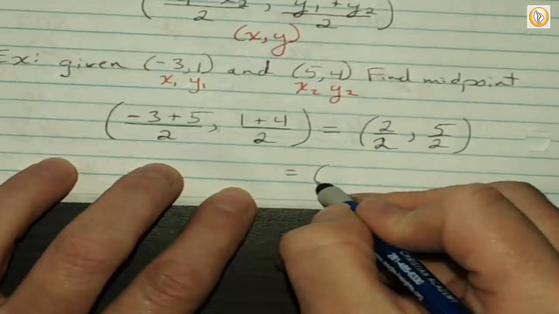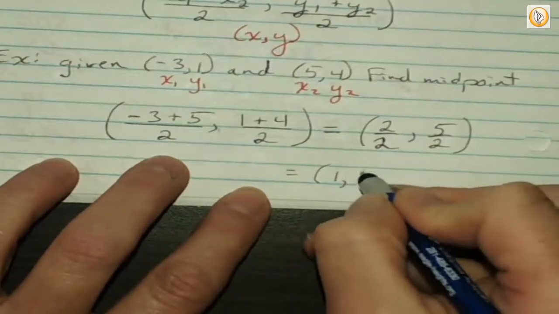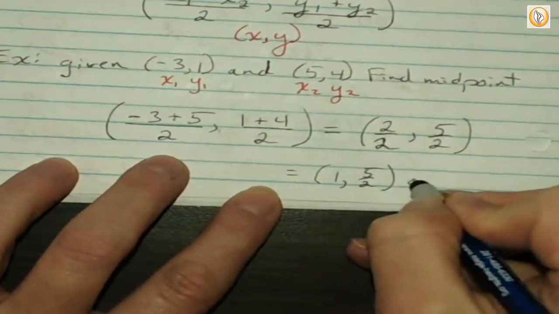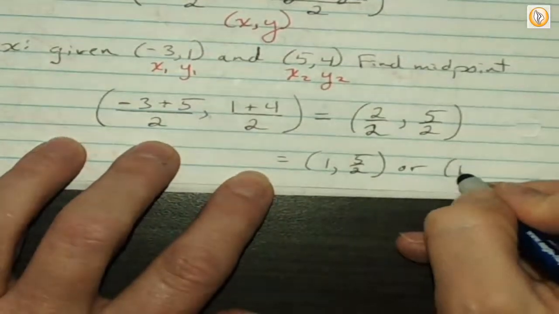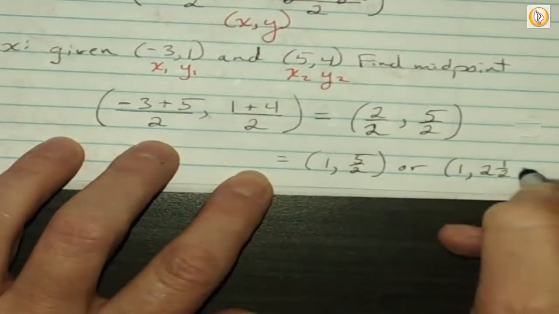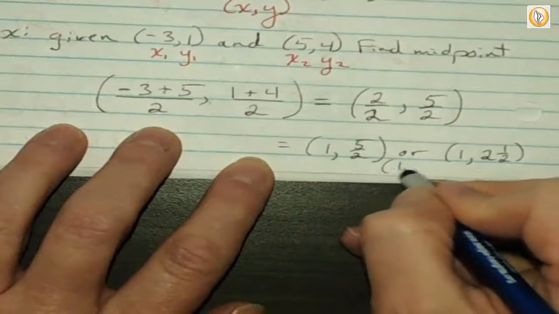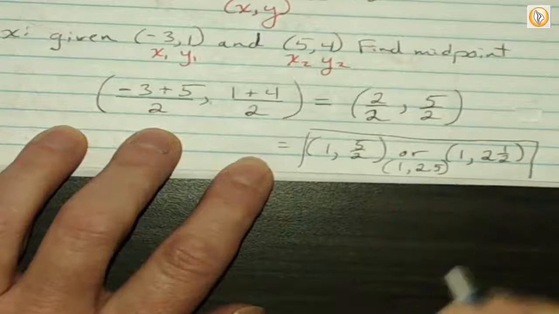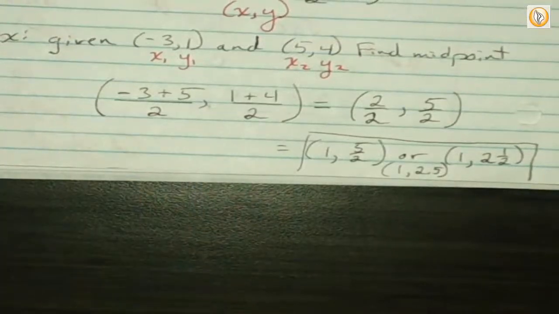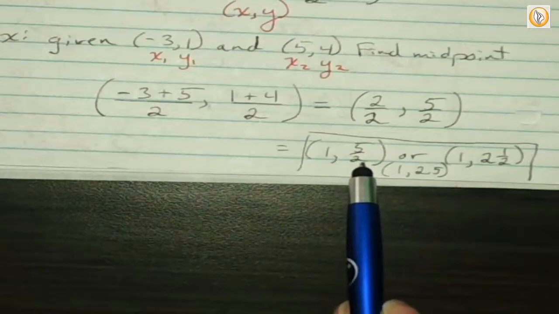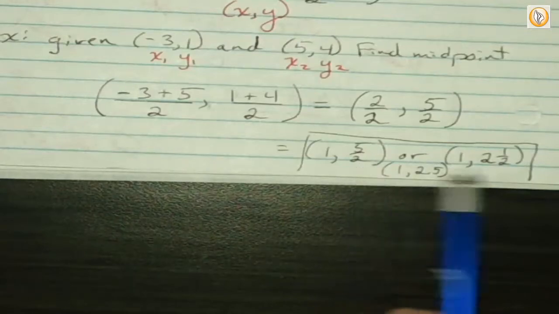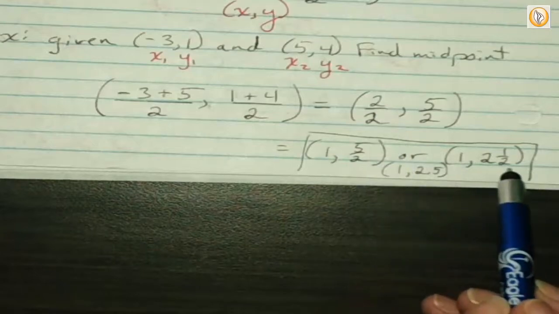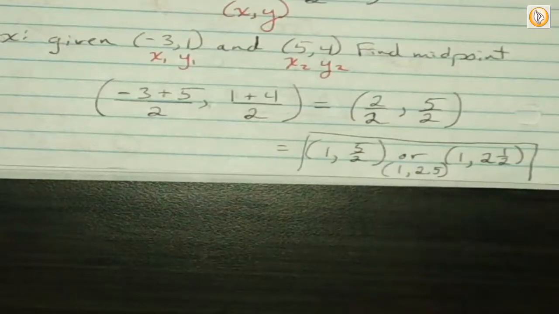So you can say 1 comma 5 over 2, or you can say 1 and 2.5. Any of those would be acceptable. Here it's an improper fraction, but they're still simplified. We didn't leave it as 2 over 2. You can do it as a mixed number or decimal, I don't care. Any questions?